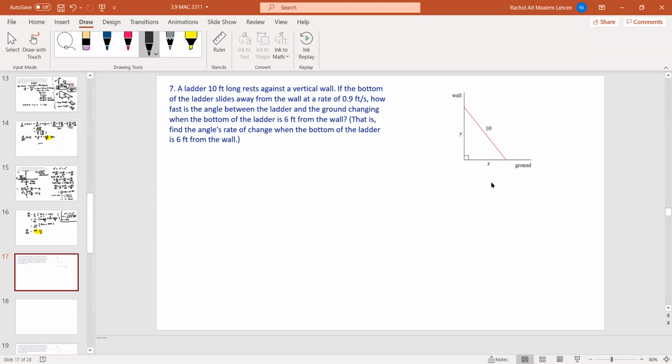Okay, so this problem comes up in different forms. A ladder 10 feet long rests against a vertical wall. If the bottom of it slides away, so here we have this notation at the rate of 0.9. So the rate here, dx/dt, is 0.9 feet per second.